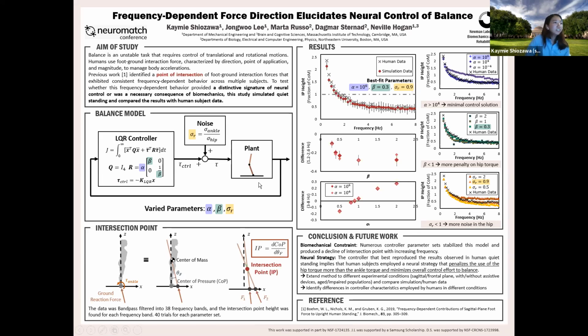Yeah. So I used the linear controller because in quiet standing, the human subjects were not subjected to any external perturbations. So in quiet standing, humans only deviate a very small angle about the upright position. And so I think the linearization is justified.